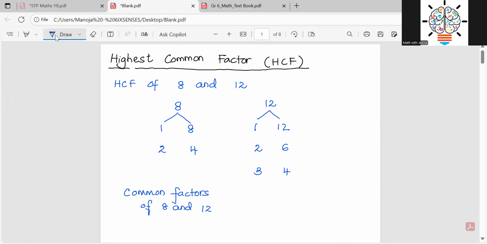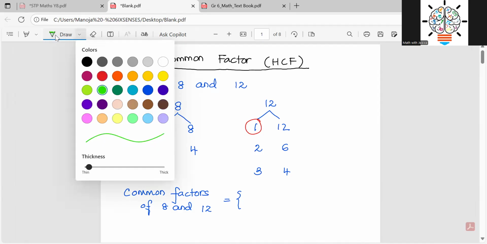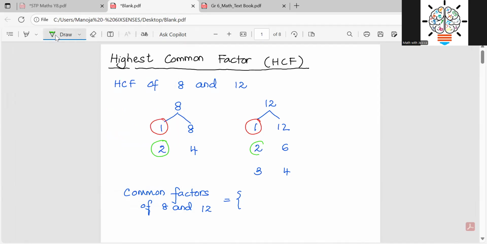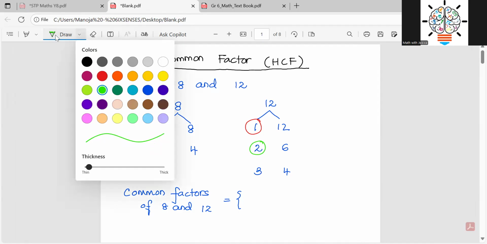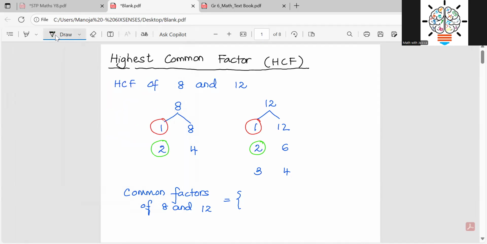If I list them down, you can see number 1, right? I'll take different colors to show you. 1 is common for both of them. Then 2 is common for both of them. What else can we take? I'll take a different color, black. 4 is common for both of them. That's it, right? So I list down the common factors 1, 2, 4, and close the curly bracket.